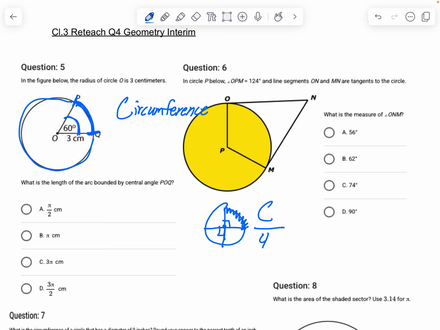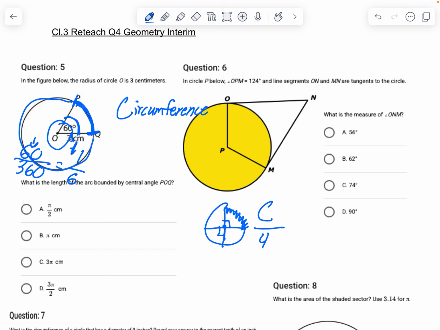So I have to figure out how many even parts there are in the entire circle. I know that the total degrees is 360, but I only want 60 of that. If you reduce 60 over 360, our calculator will go down to 1 over 6, but either one is a great equation to put in.